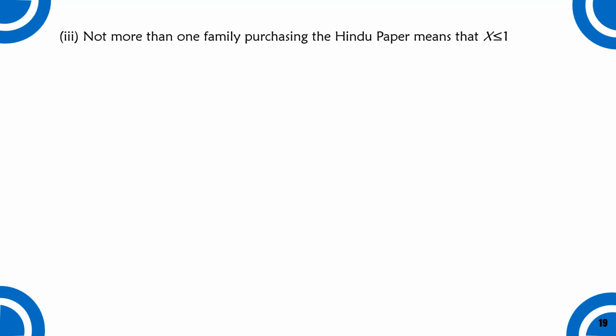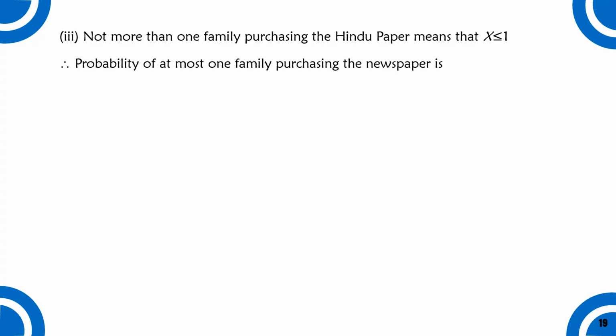Third question, not more than one family purchasing the Hindu paper means that x less than or equal to 1. Therefore, probability of at most one family purchasing the newspaper is P of x less than or equal to 1 equal to P of x equal to 0 plus P of x equal to 1 equal to nC0 p power 0 q power n minus 0 plus nC1 p power 1 q power n minus 1.